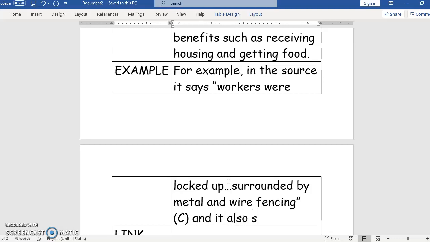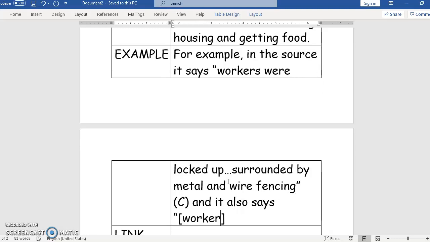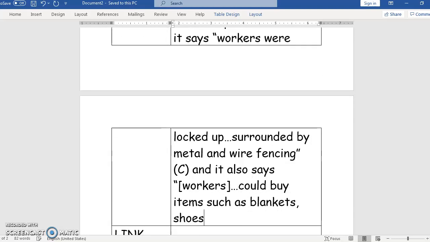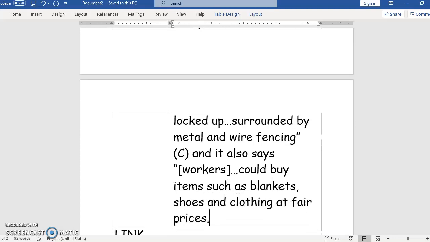And it also says, I'm putting this in because it's not directly from the source, but it's implied. Workers could buy items such as blankets, shoes, and clothing at fair prices.